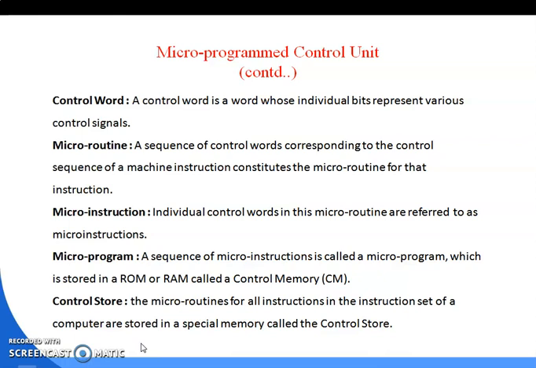Comparing cost, the hardware control unit costs more than the microprogram control unit. Next, compatibility: sometimes hardware units are not as compatible with your systems, but there is no problem with the microprogram control unit, because it is based on microinstructions.